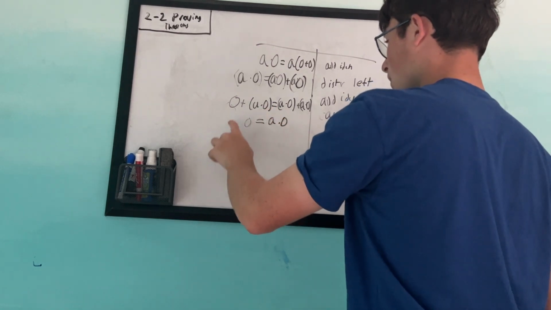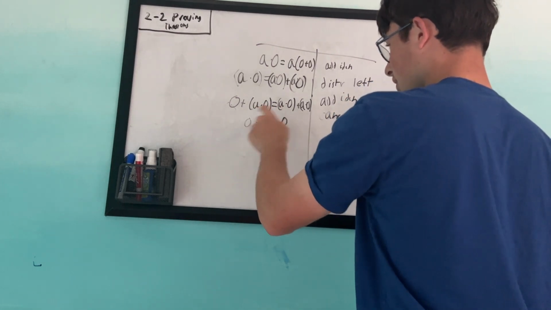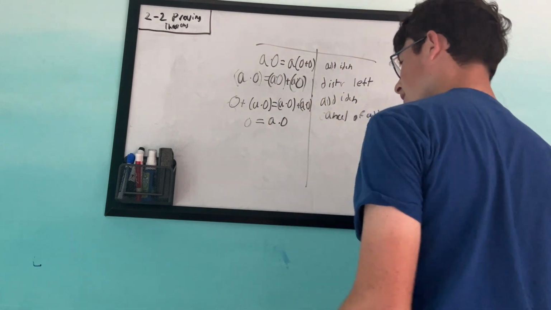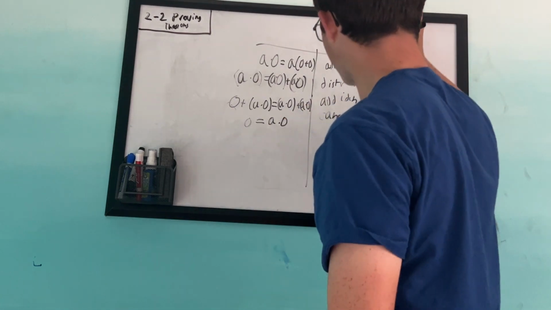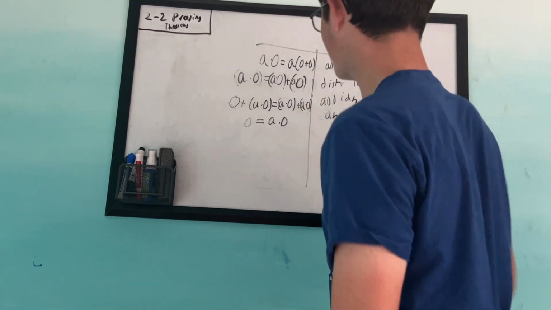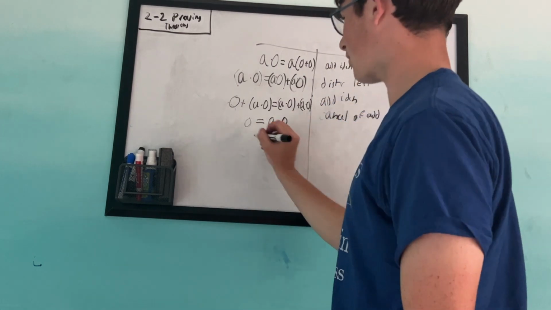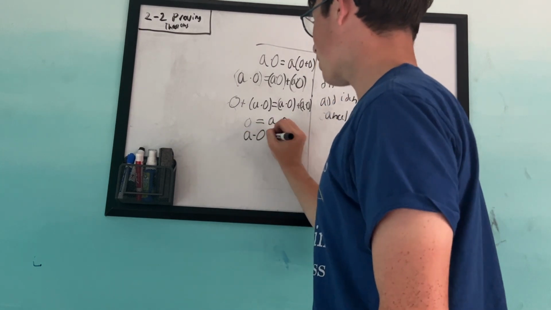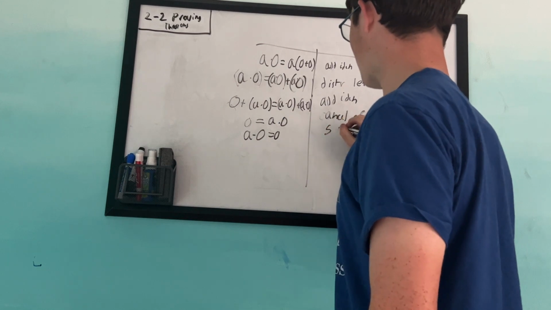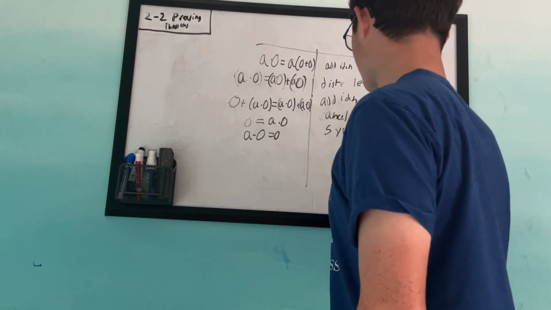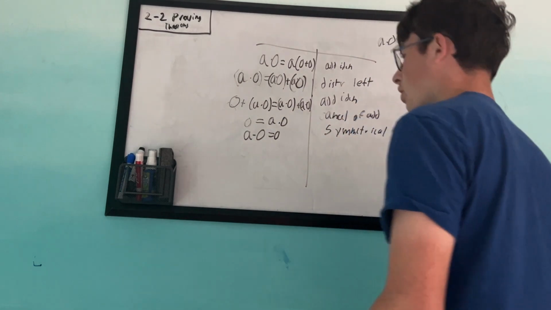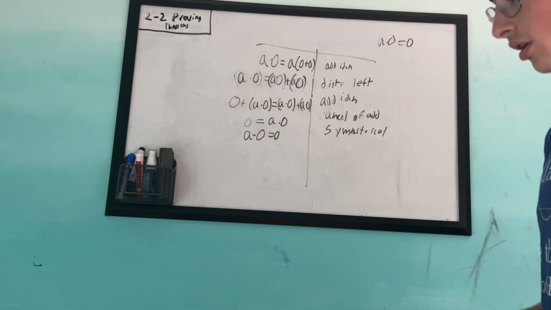Because we subtracted the a times 0 from this side, we got the 0, and a times 0 plus a times 0 over here. But since we're trying to find that a times 0 equals 0, this isn't 100% correct yet. We have to rewrite it as a times 0 equals 0 and use the symmetric law of equality.